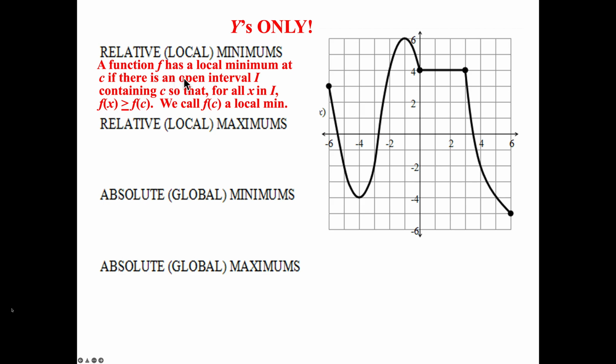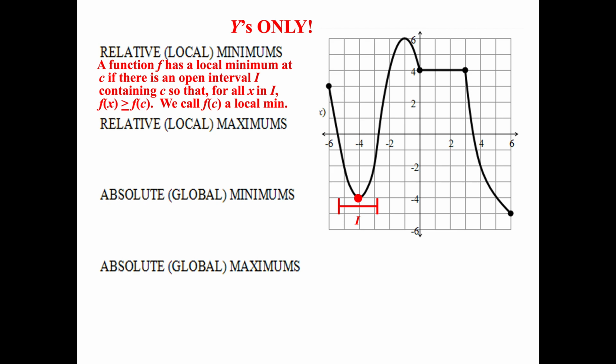If there is an open interval I containing the c so that all the x's in the interval will generate bigger y's than the y coordinate for c, then we call f of c, which is the y coordinate, a local min. Now, yes, it's a difficult looking definition.